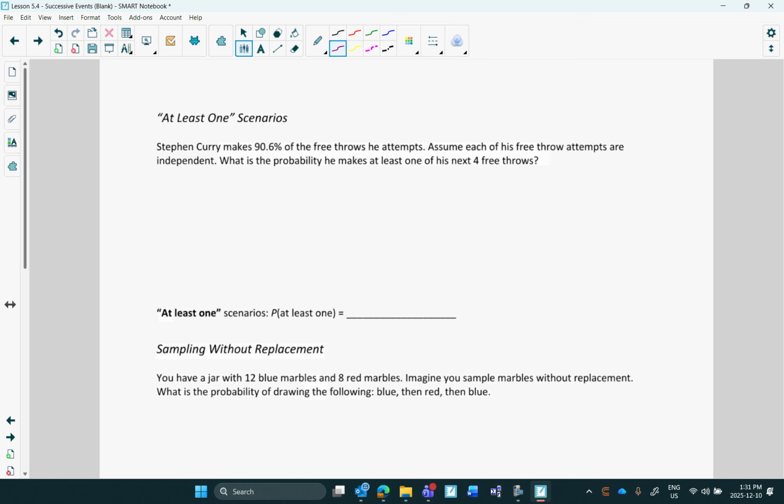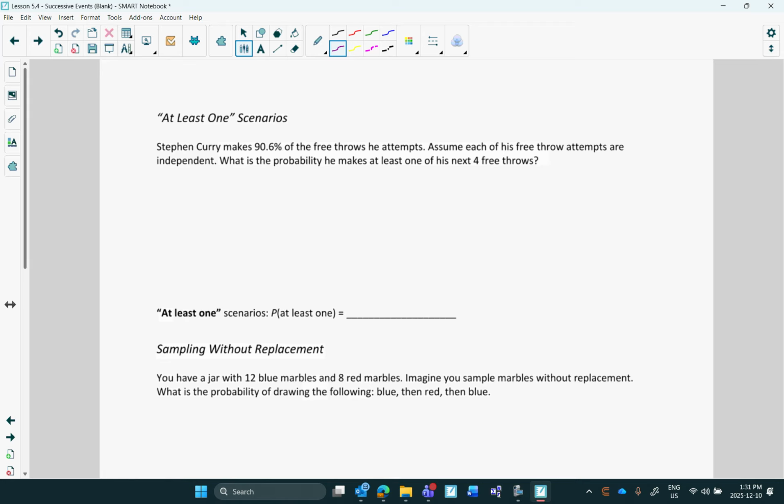But it said at least 1, so what about all the situations where it's 2? He could make, miss, make, miss, and you can keep listing a whole bunch of different possibilities. The point I'm trying to make is it's not good to do it that way. We need another way to do it.